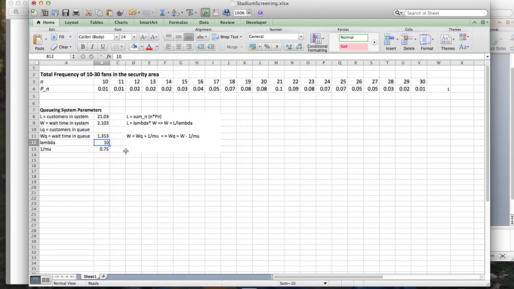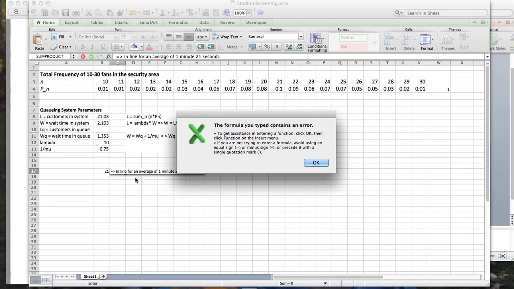So this is under the 1 minute 30 second threshold. Remember, this is 1.35 minutes, so in order to get the actual seconds, let's multiply 0.35 times 60 seconds. So we're in line for an average of 1 minute 21 seconds.